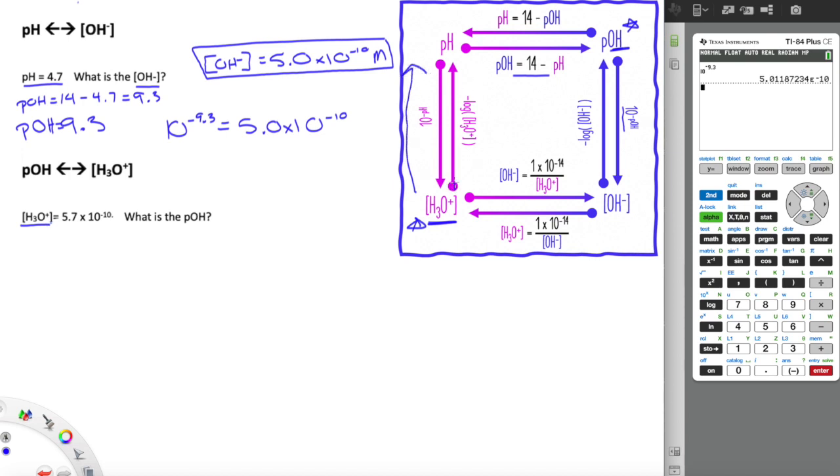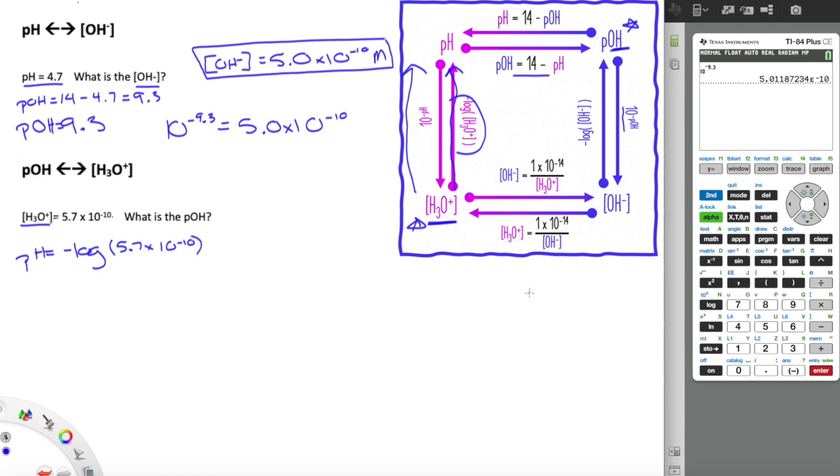So I'm following this arrow right here, and I'm going to use this equation right here. Let's do that. Our pH is going to be equal to the negative log of our hydronium ion concentration, so 5.7 times 10 to the negative 10th.